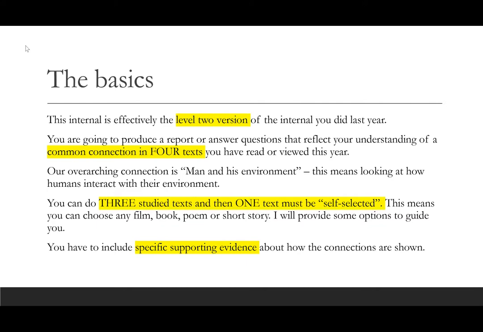But pretty much all teachers will make sure that there are texts that you can self-select from, that they know are relevant, that they know fit with your theme or connection, and they know are going to be at the level required. You can do your own thing, but obviously you want to run that past the teacher first to check that it is suitable. The other key part of this assessment is making sure that you have specific supporting evidence about how the connection's shown. So that's 2 parts of the criteria.